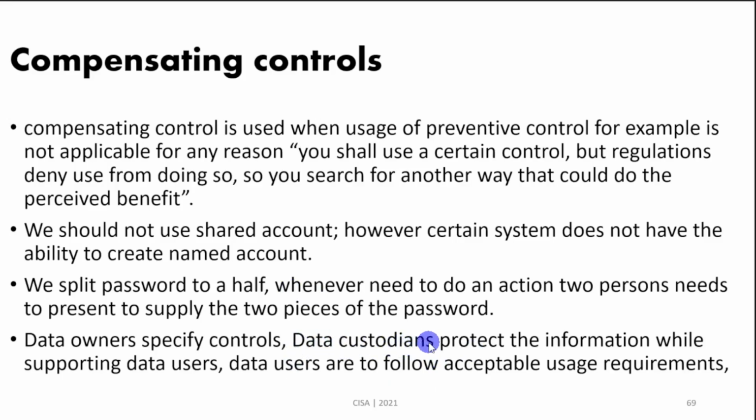A data custodian, such as the network security, identity access management or system administration team, will be responsible for protecting and preserving the confidentiality of the information he is custodian of. He will use his skills to implement the security access as per the data owner's requirement.